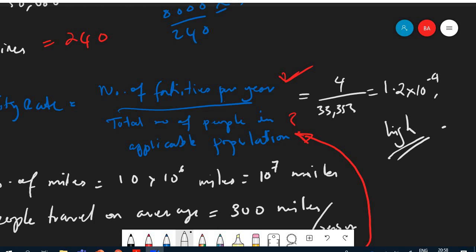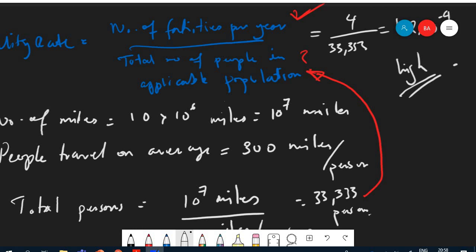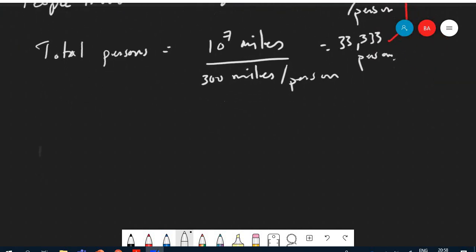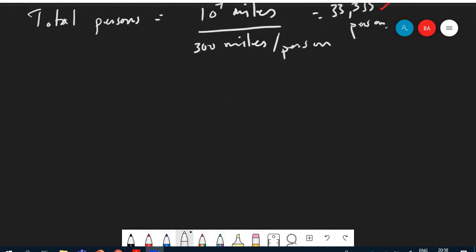So the fatality rate is really high. If you compare that with the numbers in the tables, you can see that it is really high. So this is how we have calculated to solve problem number 1.8.